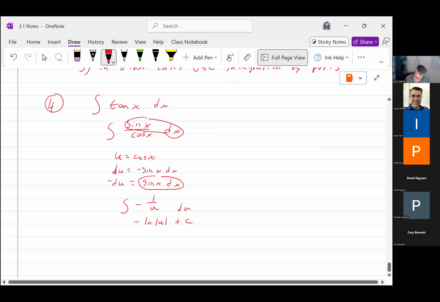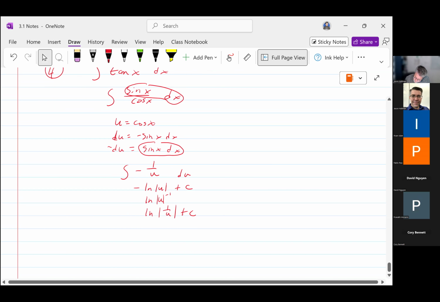When I integrate, this becomes the natural log of u to the -1 power. I'm going to put the absolute value bars still there. So this becomes the natural log of the absolute value of 1 over u plus c.